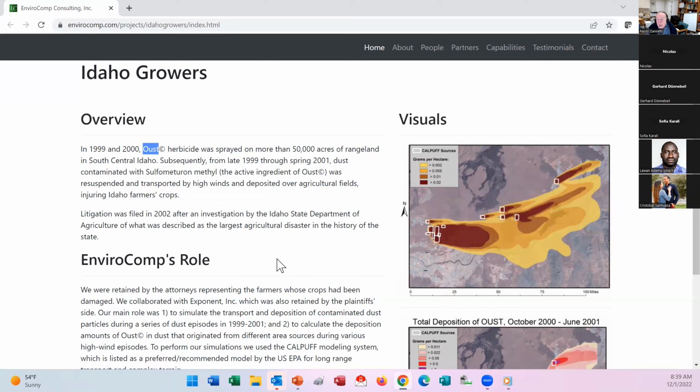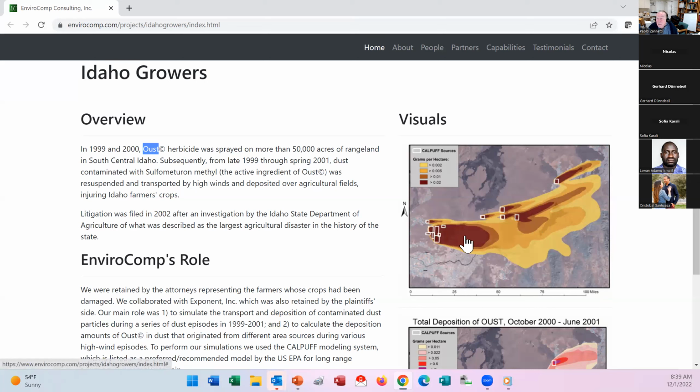We had several high winds and dust storms. So a lot of dust was picked up from this area and carried east by the high winds, even 100 miles away. This is a long-range study of resuspended dust. And this dust was still contaminated with active herbicide Oust.